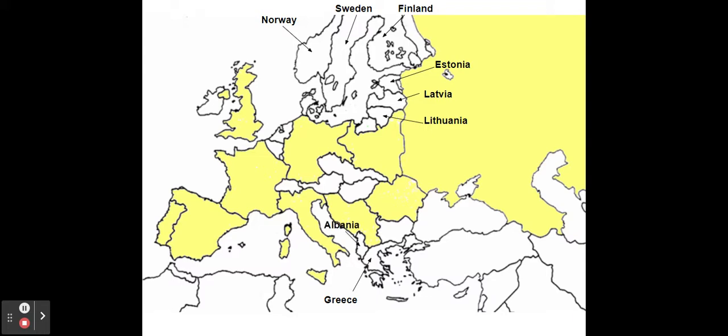Next to Greece, we have Albania, Bulgaria. We talked about Bulgaria in World War One. And there's group number two. Norway, Sweden, Finland, Estonia, Latvia, Lithuania, Albania, Greece, and Bulgaria.